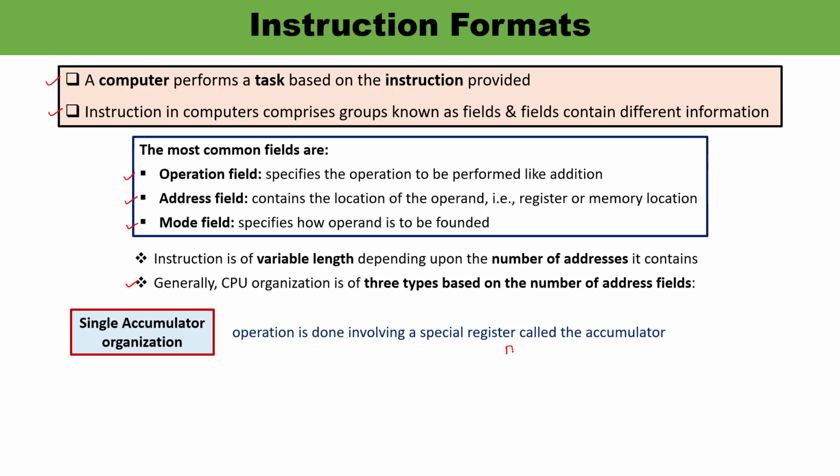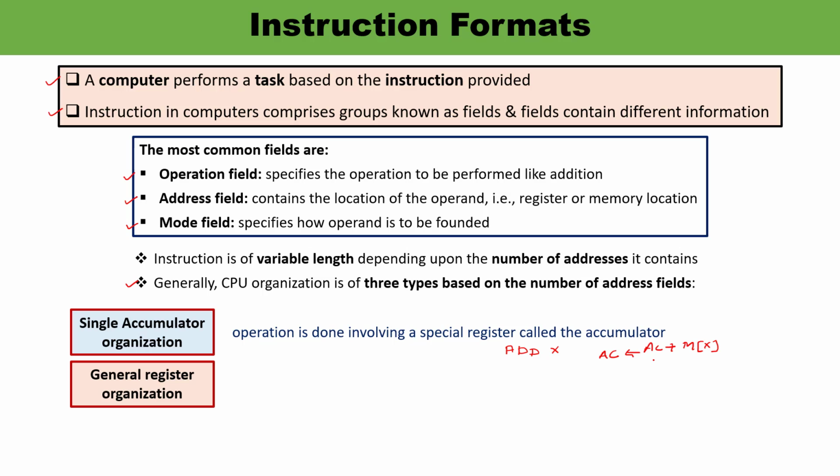Suppose you are writing the instruction add X. Here X is the address of the operand, and the add instruction carries out the operation AC = AC + M[X], and this data will be available in the accumulator itself. AC is the accumulator register, and M[X] symbolizes the memory word located at the address X.